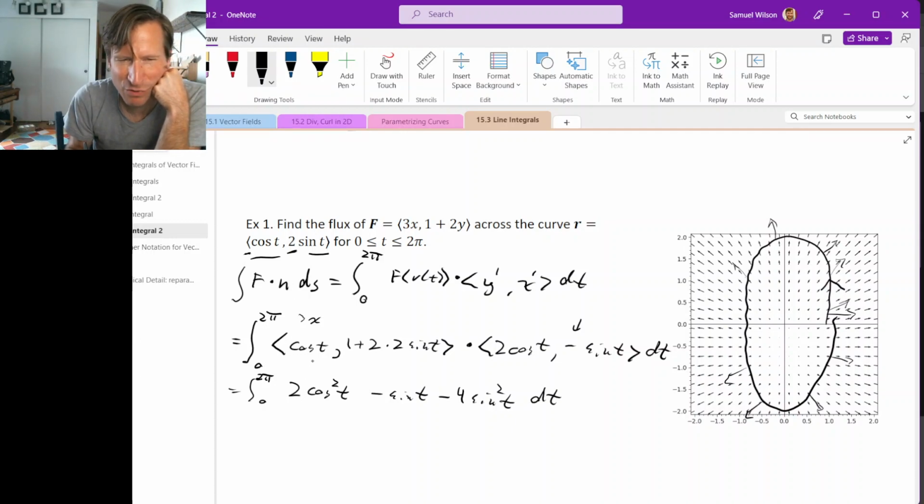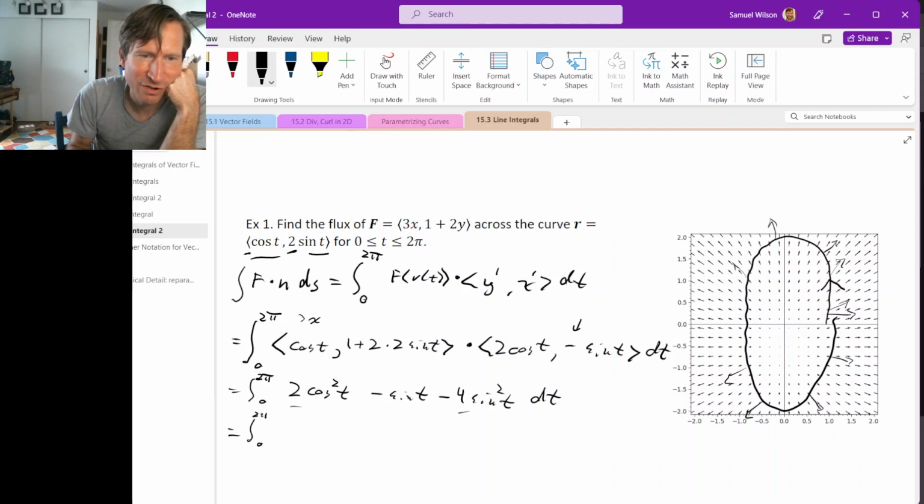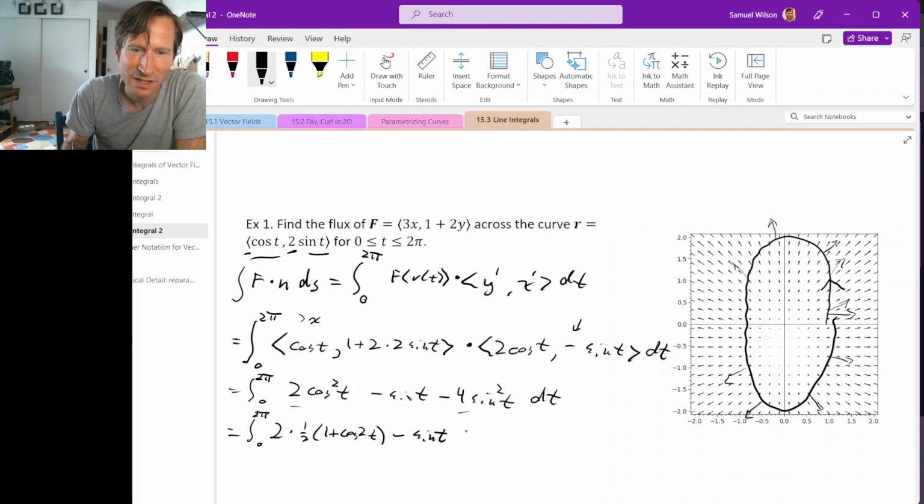This is a little unfortunate because the 2 here doesn't match the 4 there, so we don't get nice simplification using the Pythagorean identity for sine and cosine, but we do have double angle identities. So cosine squared is 1/2 times 1 plus cosine 2t, minus sine t minus 4 times, and then sine squared is 1/2 times 1 minus cosine 2t, dt.